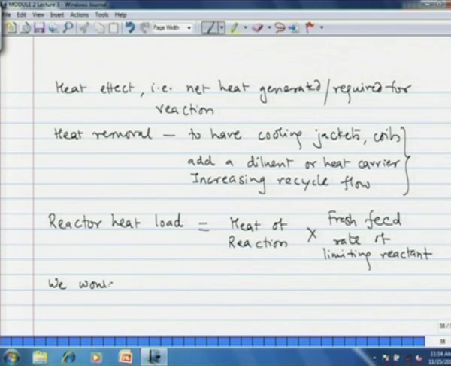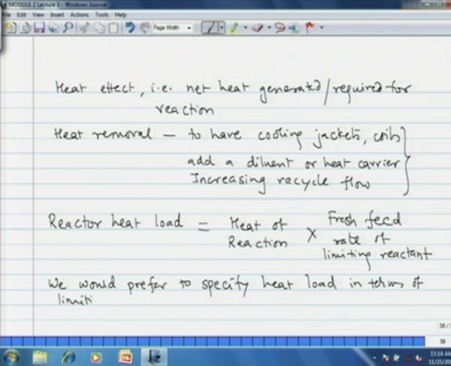We would prefer to specify heat load in terms of limiting reactant, since conversion is complete.